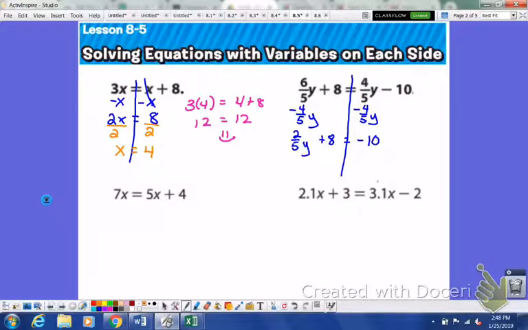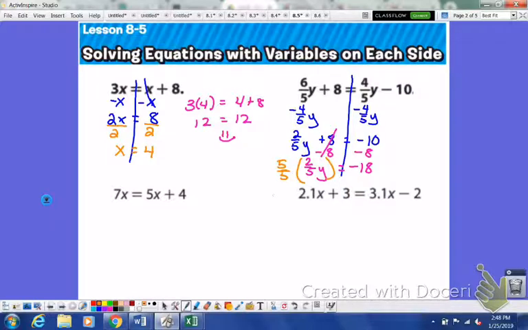Now we have a two-stepper. So we're going to take care of that positive 8 by subtracting it. They're gone. So 2/5 y equals negative 10 minus 8 is negative 18. Watch your signs. And then think back a couple lessons ago. How did we get rid of a fraction? We multiply both sides by the reciprocal.